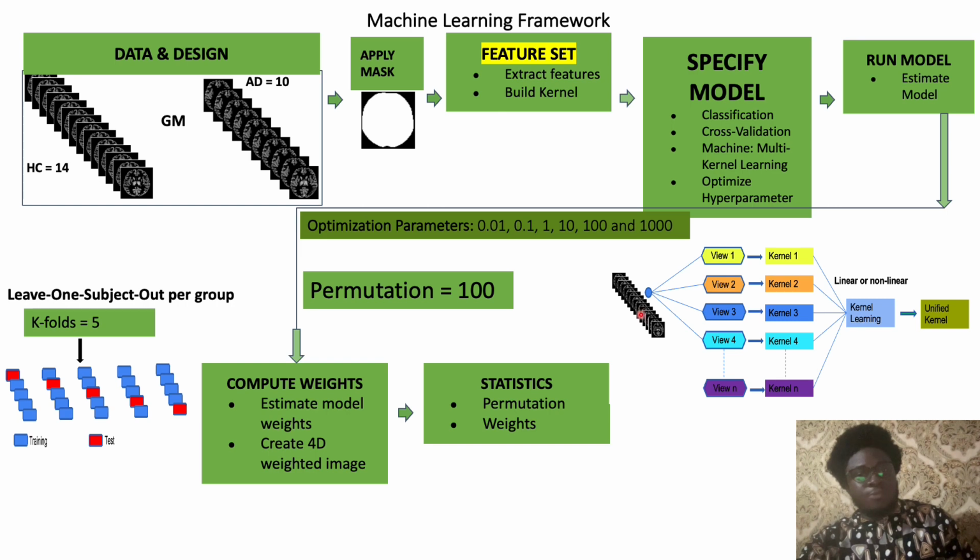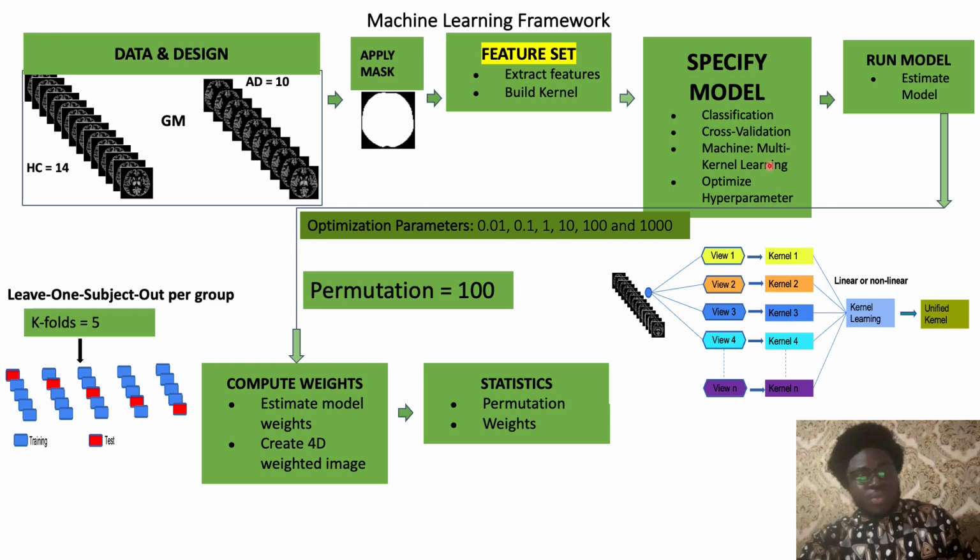So we fed the data through a machine learning system, where we applied a whole brain mask just to block out every other external influence that may affect the reading of the brain. So we extracted the features from the gray matter, Jacobian, and then the white matter.